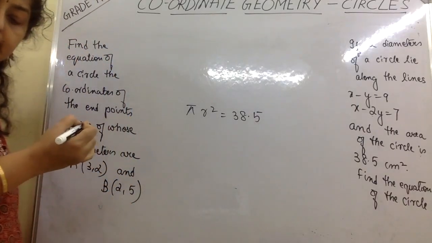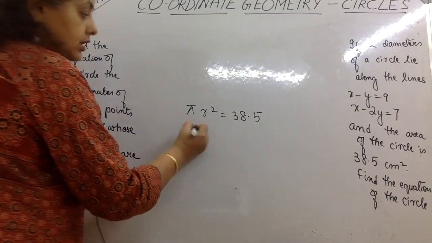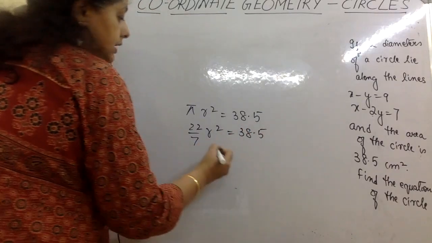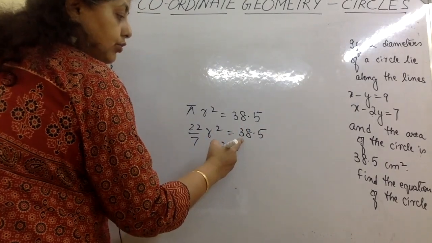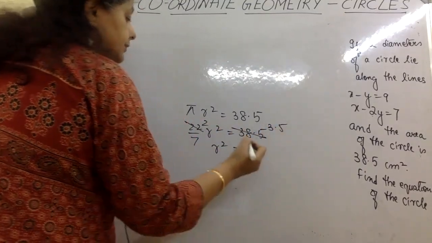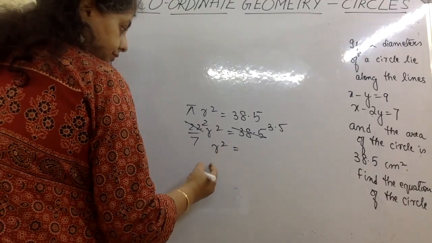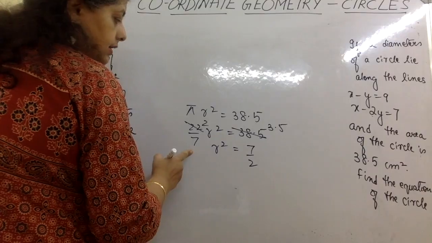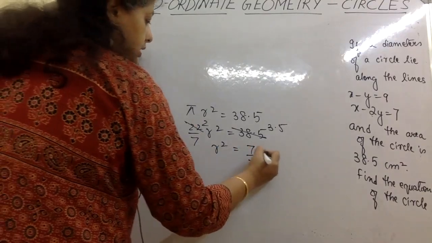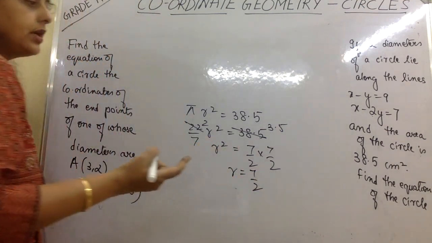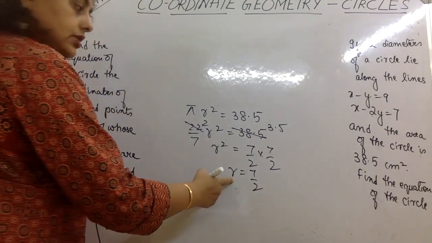Pi is 22 by 7, r square is 38.5. This will go by 11, so 11 twos are 22, 11 threes are 3.5. This 3.5 is 7 by 2, and here I have one more 7 by 2. So r is equal to 7 by 2. So we have the radius also now.